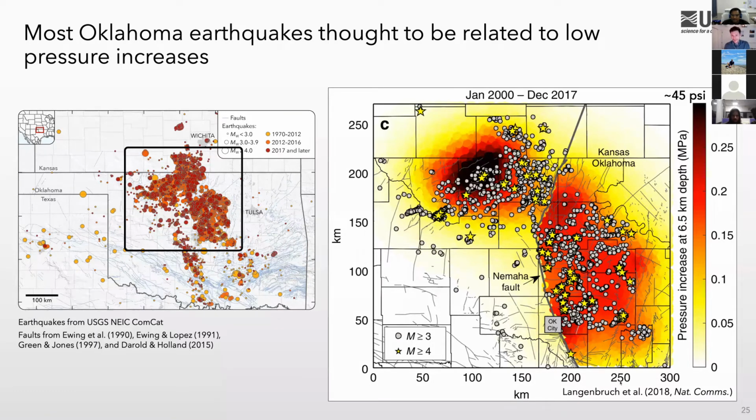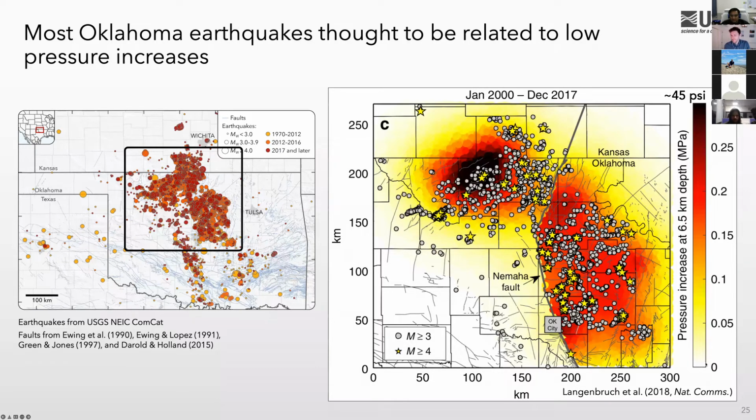In this area, the earthquakes are mostly happening in the basement, so this is for about 6.5 kilometers depth. And if you take all the record of wastewater disposal into disposal wells all across this area, and then try to model the increase in fluid pressure, the model results suggest very minor increases in fluid pressure associated with all of these earthquakes, right?